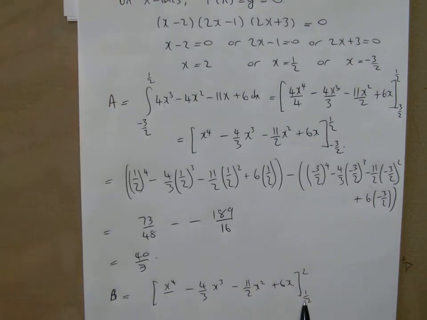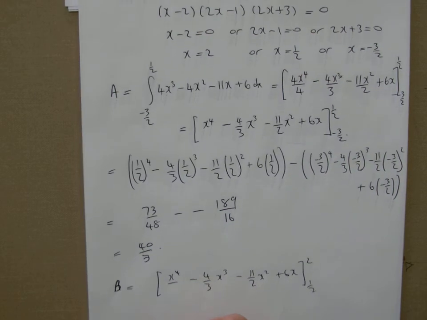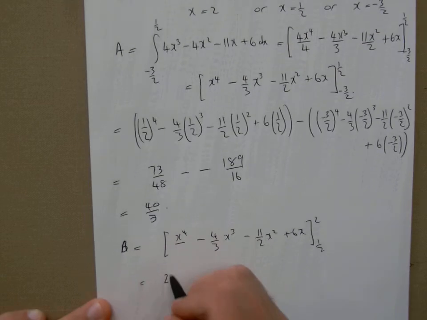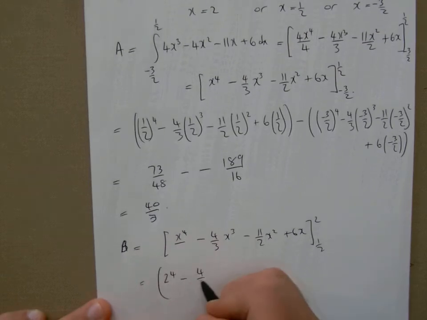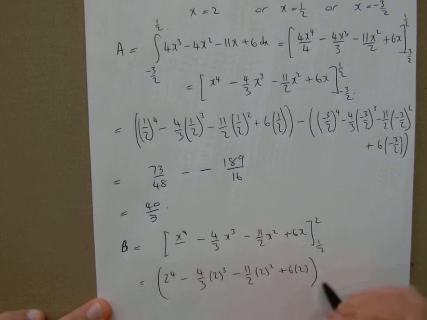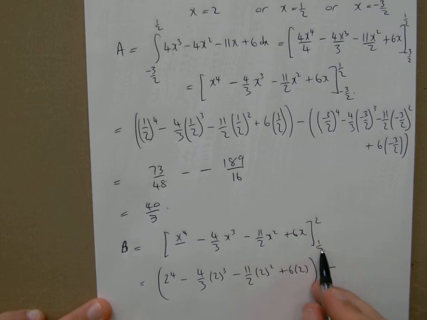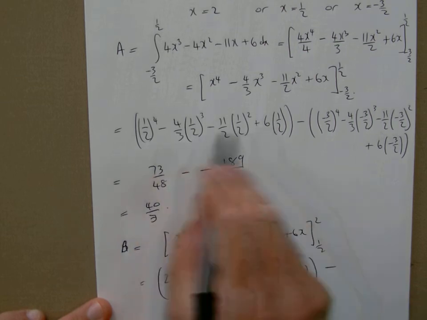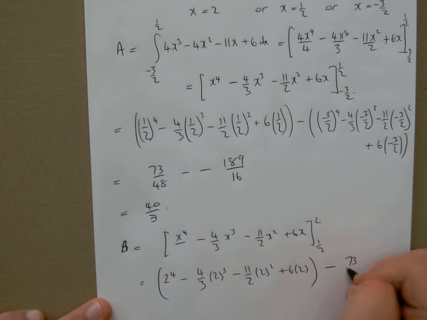The good thing is we've already worked out what the value is when you put half in. So we're going to put 2 in now. So 2 to the power 4, take away 4/3 times 2 cubed, minus 11 halves times 2 squared, plus 6 times 2. And then as I said, we put a half in, but we've already worked that out, haven't we? And it came to 73 over 48.